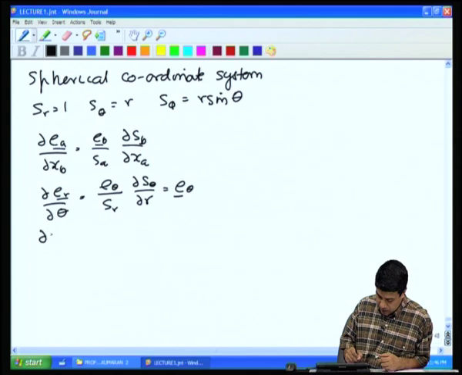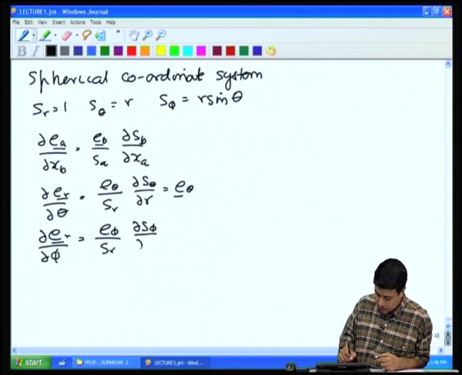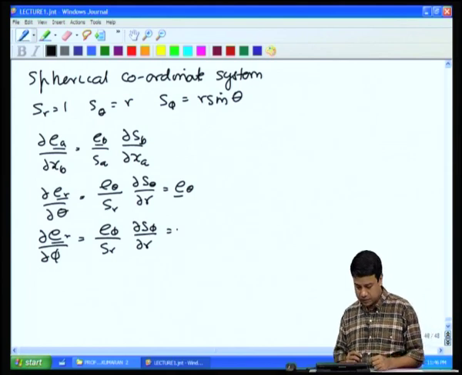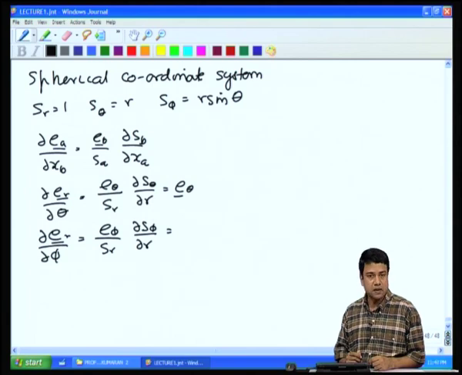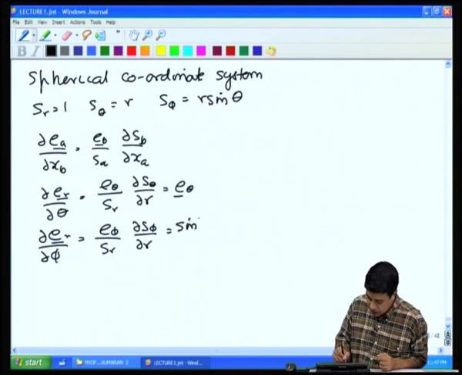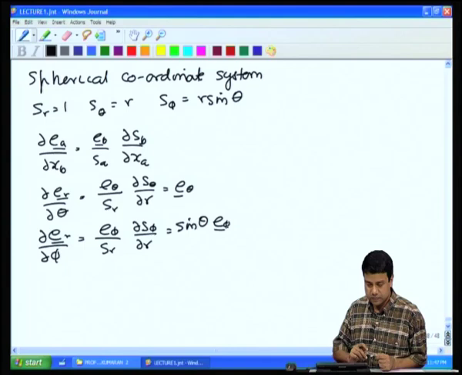Similarly, partial E R by partial phi is equal to E phi by S R partial S phi by partial R. Okay. S R is 1, S phi is R sin theta, therefore, partial S phi by partial R is just sin theta. Okay. So, this just gives me sin theta E phi.